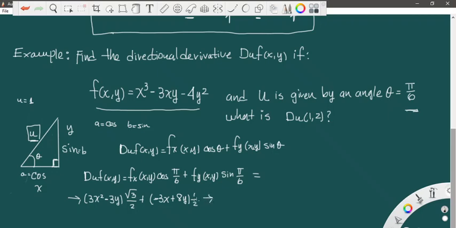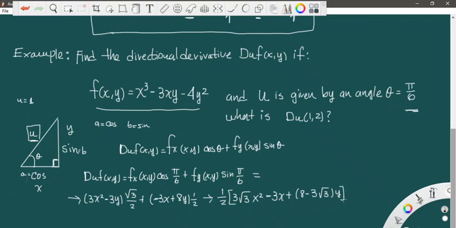If we simplify this, we can take the halves out of the expression, and we have 1/2 times 3 times square root of 3 x squared minus 3x plus 8, minus 3 times square root of 3 times y.